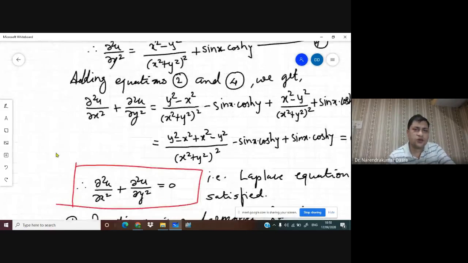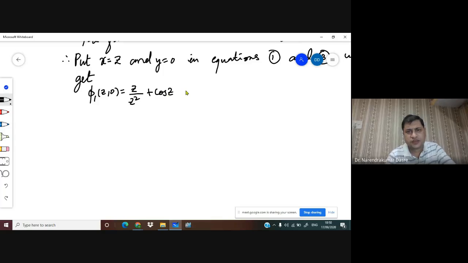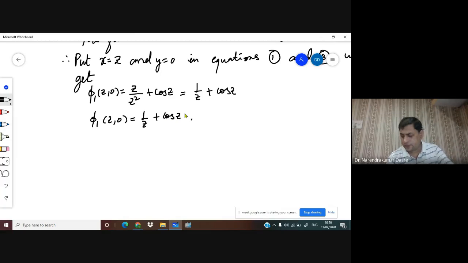So this term will be z upon z² plus cos z, which we can write as 1/z plus cos z. So we got φ₁(z, 0) equal to 1/z plus cos z.